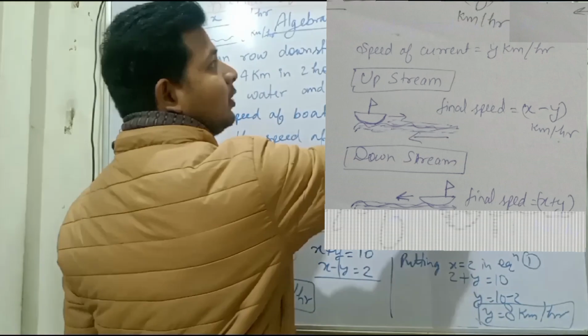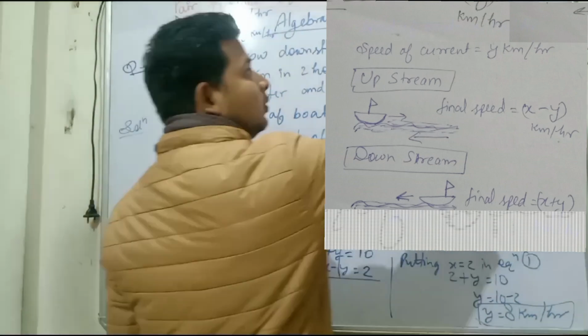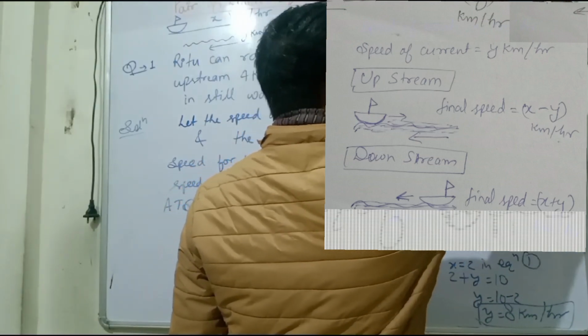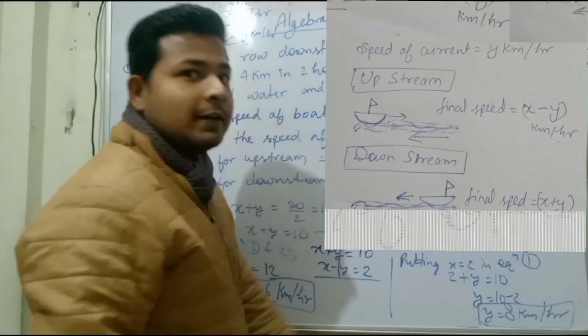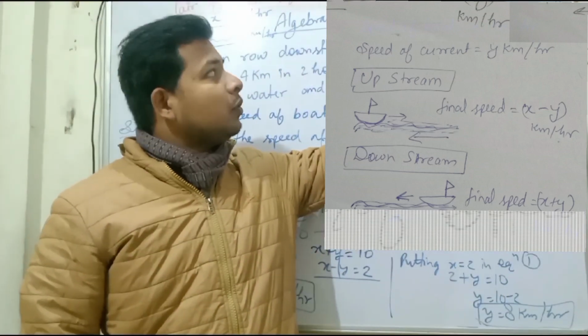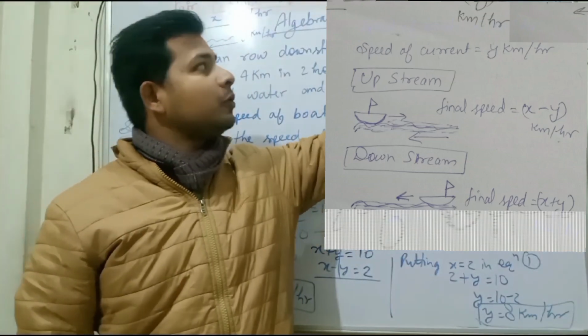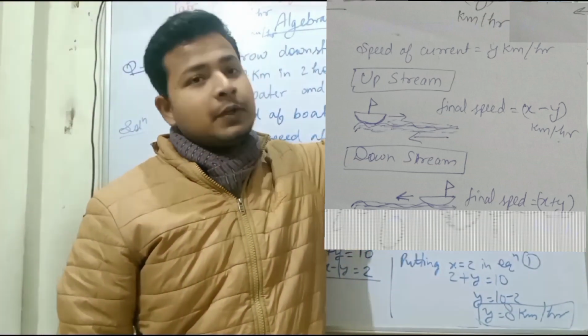It is obvious that the speed of the boat should be greater than the speed of the current. So the overall final speed will be x minus y kilometer per hour. Why have I subtracted this? Because the boat has to face the current in the opposite direction, so we have to subtract that speed from x, that is x minus y.